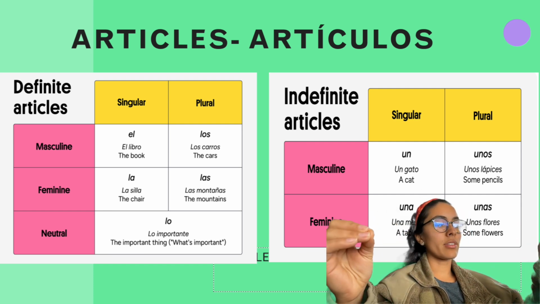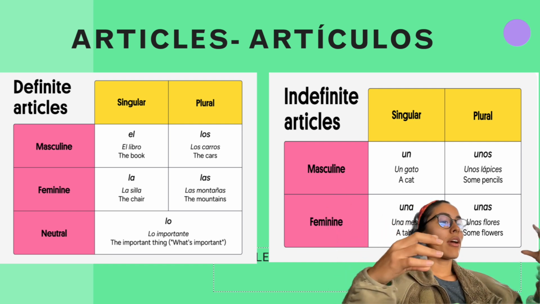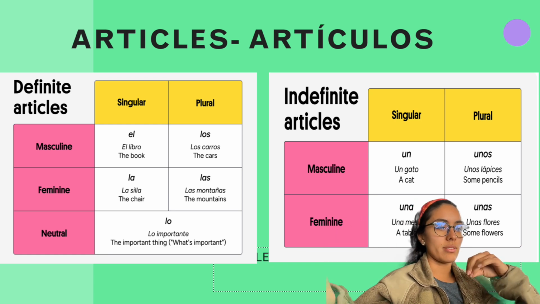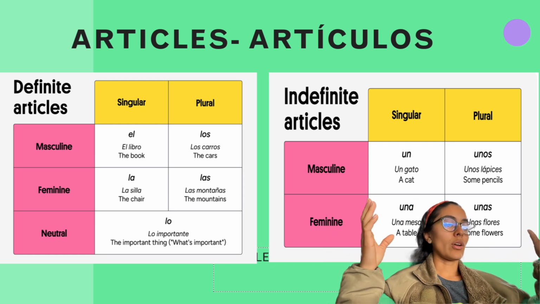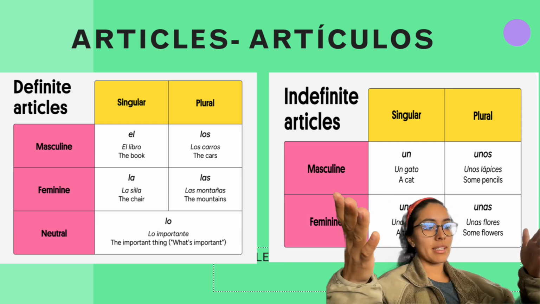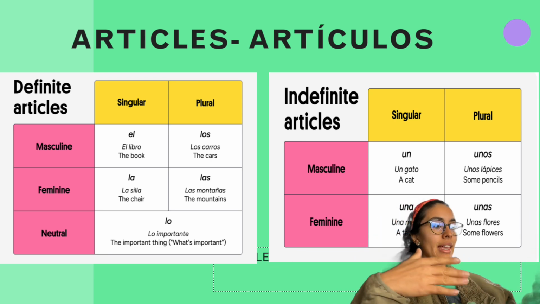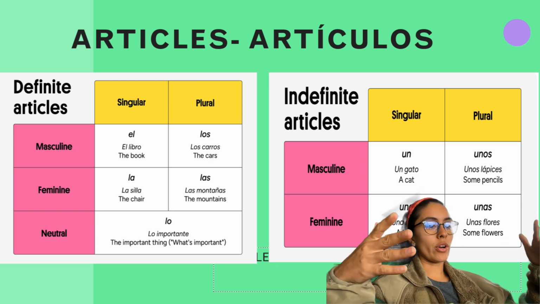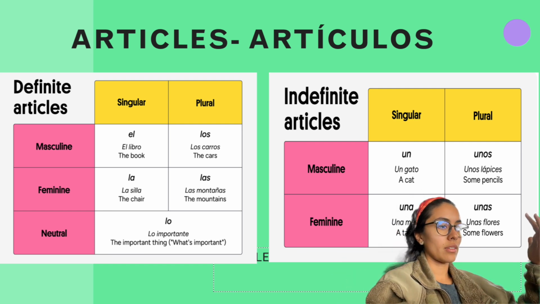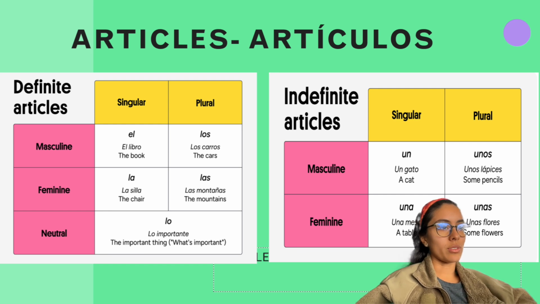So masculine singular, un; masculine plural, unos; feminine singular, una; feminine plural, unas. And then un gato, a cat; unos lápices, some pencils; una mesa, a table; unas flores, some flowers. What do you think about this? Any questions?